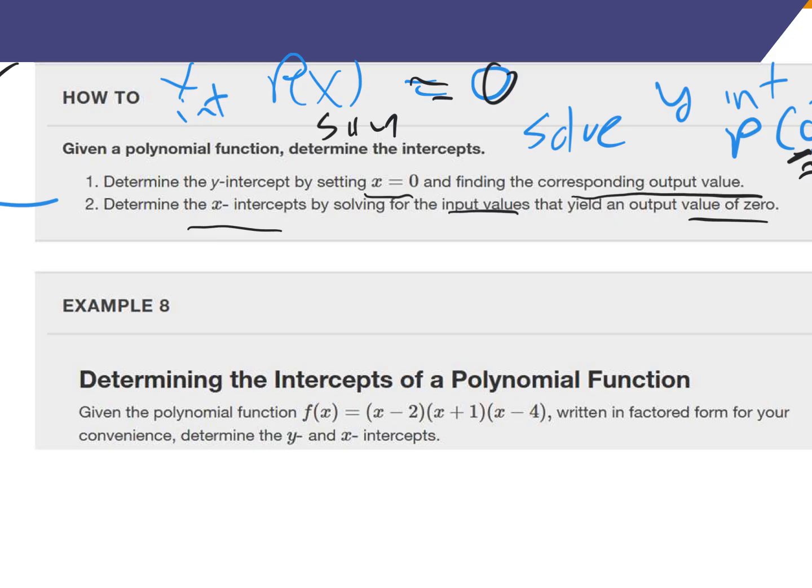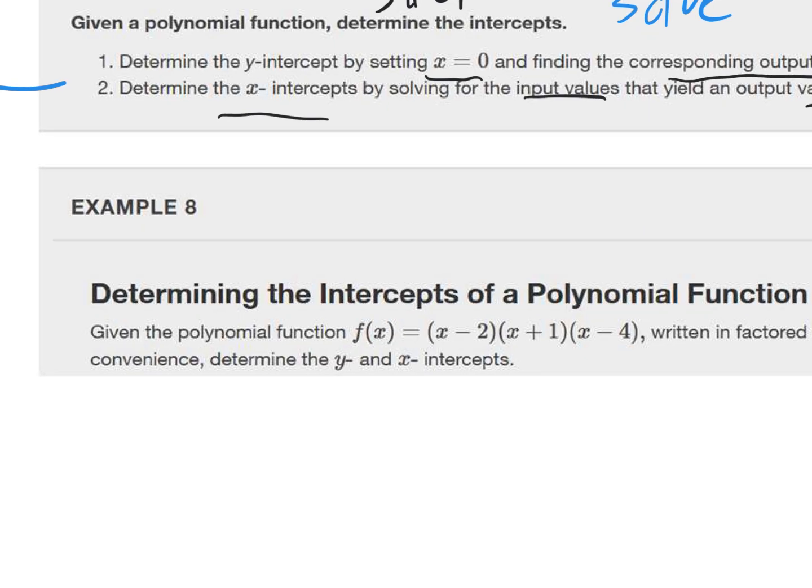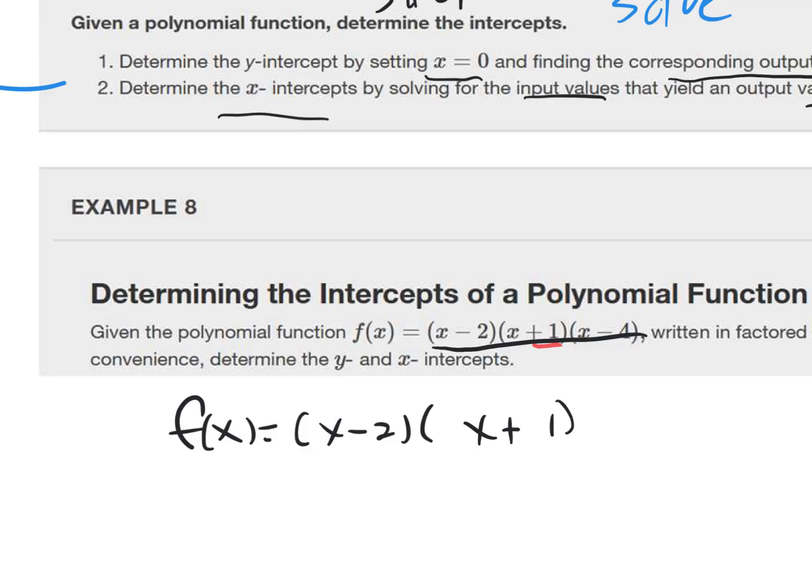So here's example 8. Determine the x-intercepts of this. We're just doing x-intercepts. Good news, good news. Look at f of x. It's factored. So f of x equals x minus 2 times x plus 1 times x minus 4.